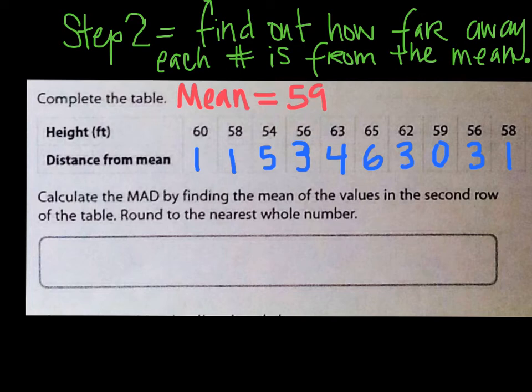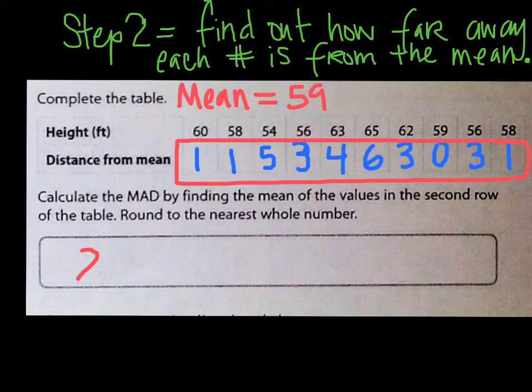Now that I know how far each number is away from the mean, I am going to add all of these numbers together and find the average of them. Whether you are adding them in your brain, on a piece of paper, or on a calculator, you would get the sum of 27. There's 10 numbers in the list, so I would divide by 10.